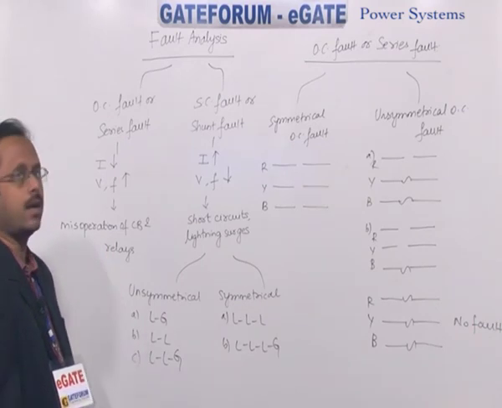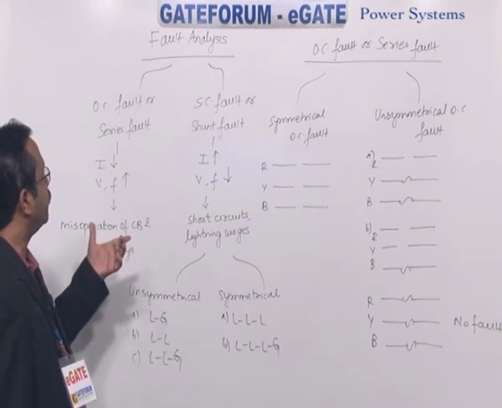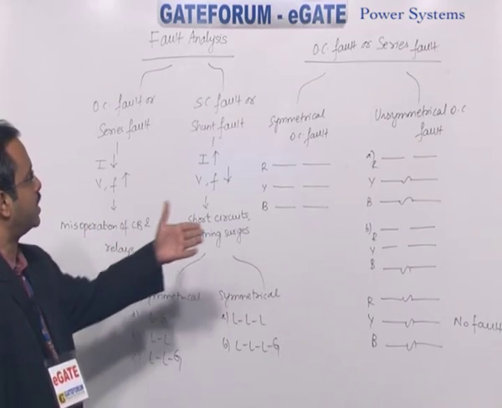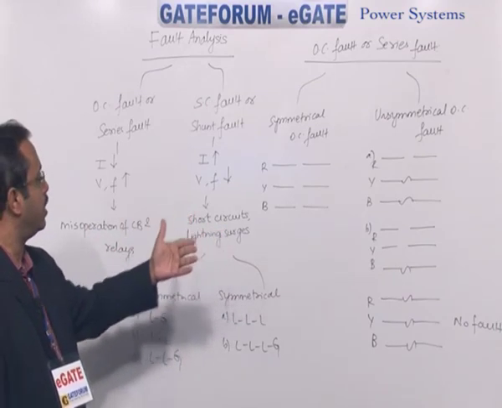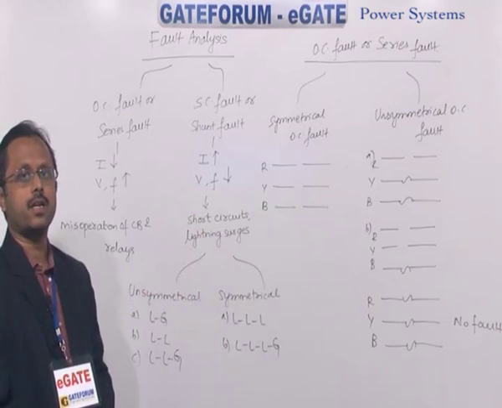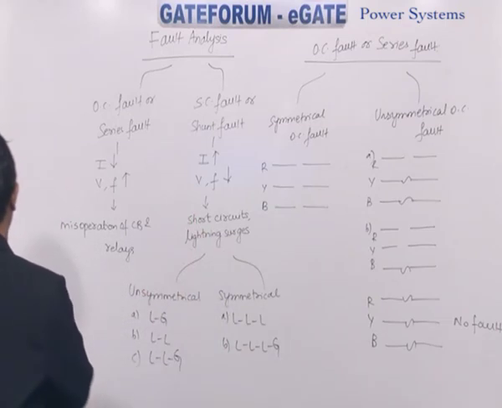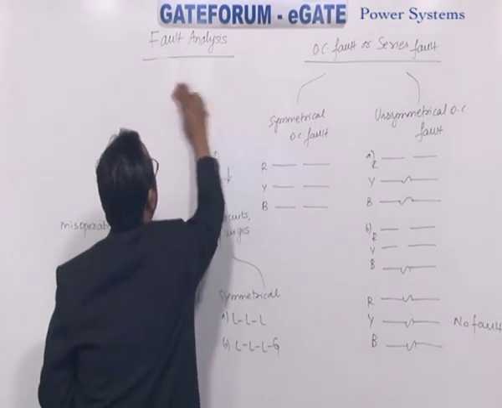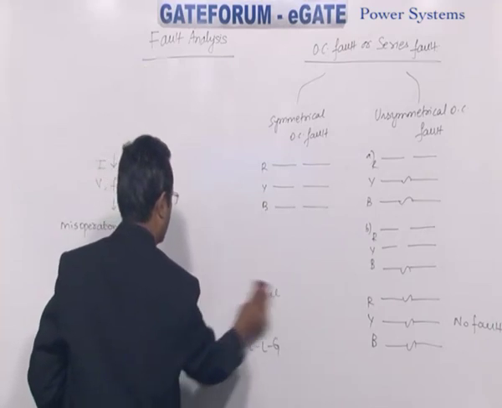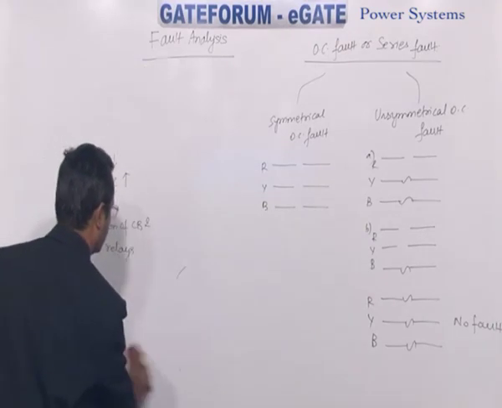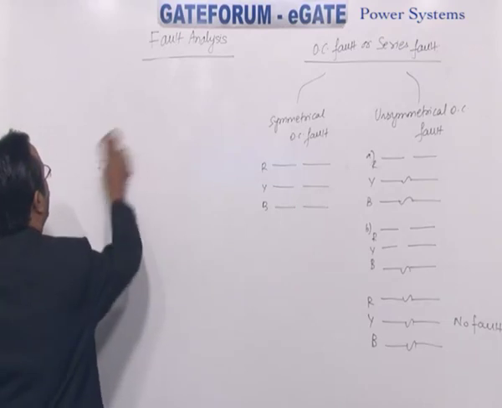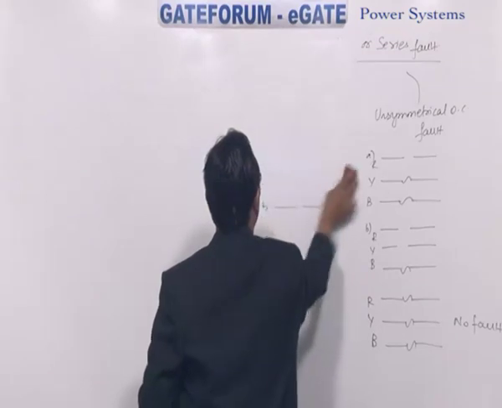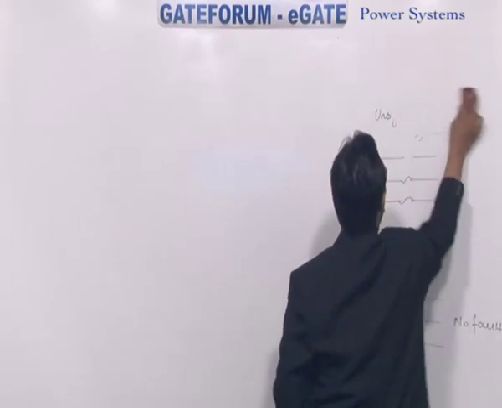So this is the fault analysis: open circuit fault, short circuit fault, and the classification of open circuit fault and the classification of short circuit fault. Now we analyze the first unsymmetrical short circuit fault, line to ground fault.